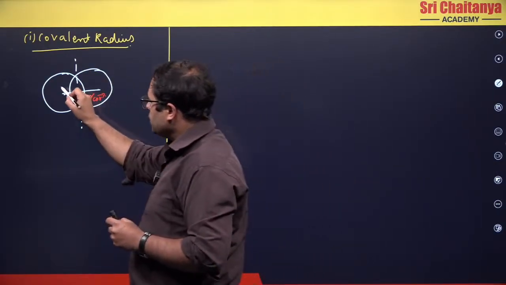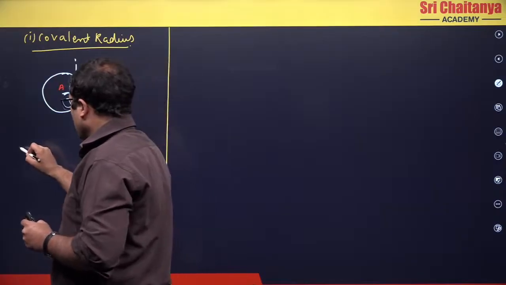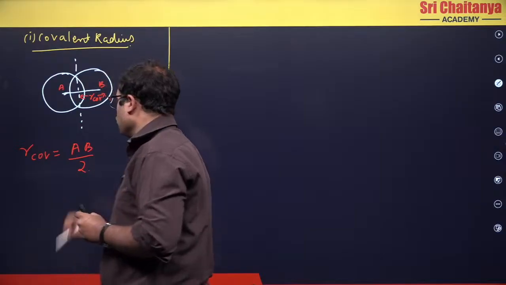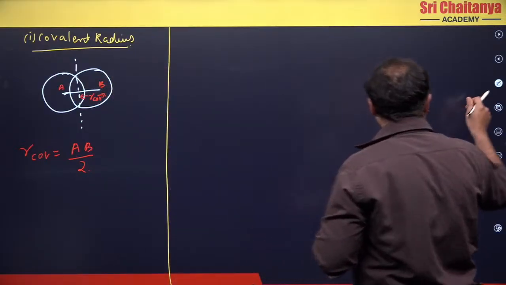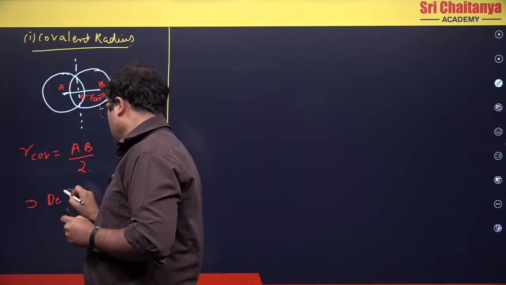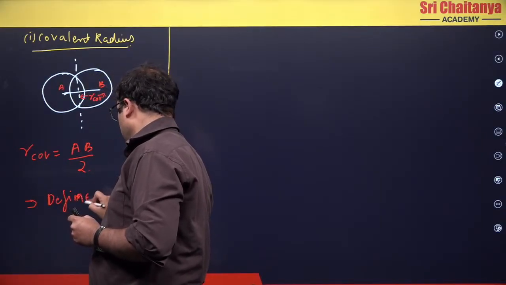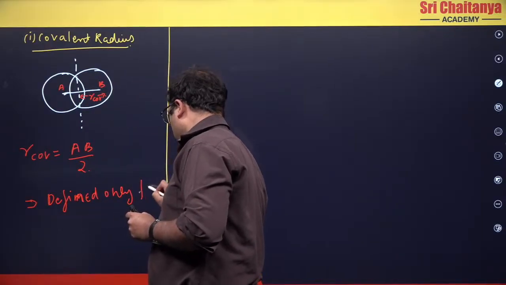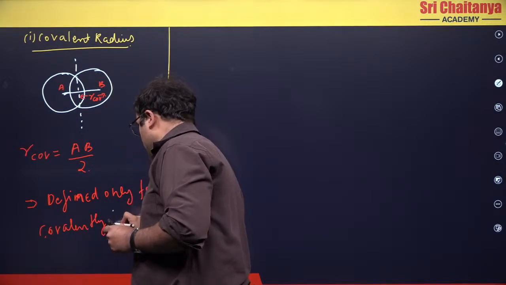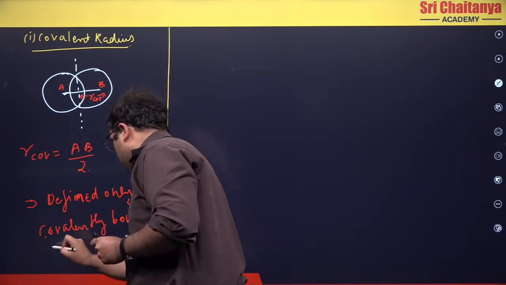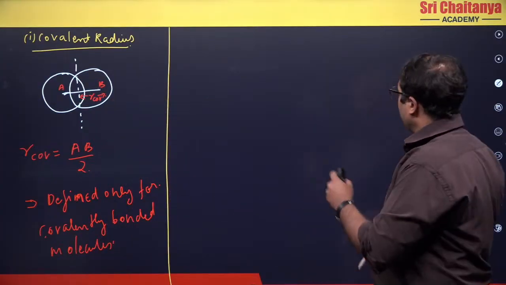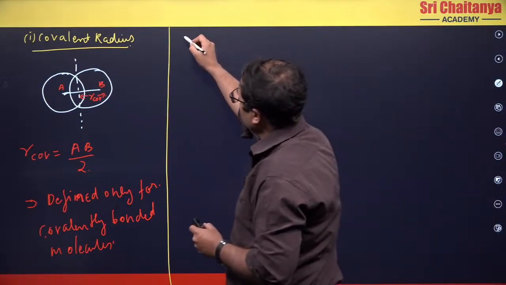So if this is A, this is B, then R covalent is AB by 2. And this is defined only for covalently bonded molecules.